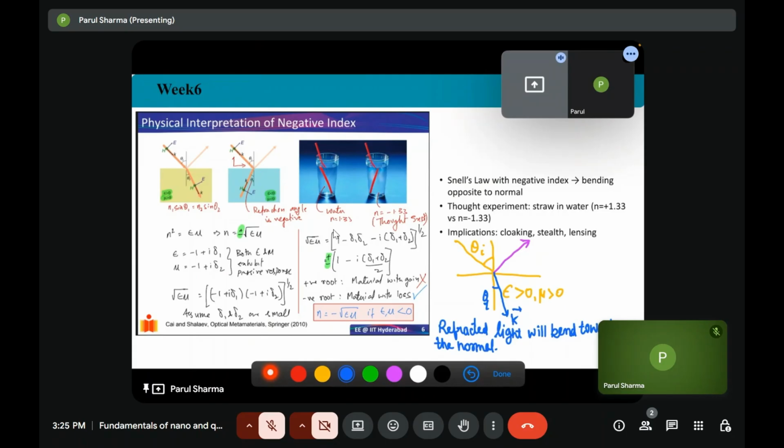So we know that according to Snell's law, the tangential component is continuous. So we have n1 sin theta 1 equals n2 sin theta 2.